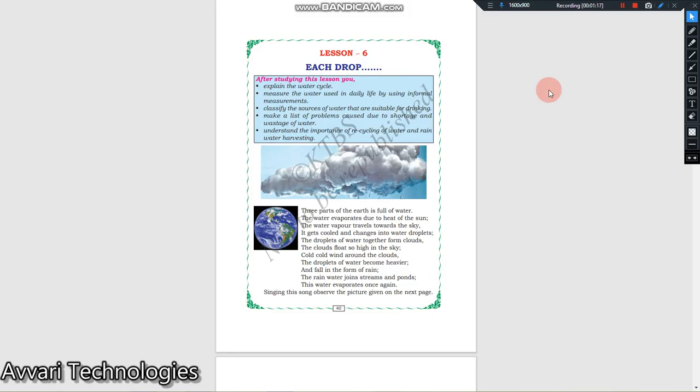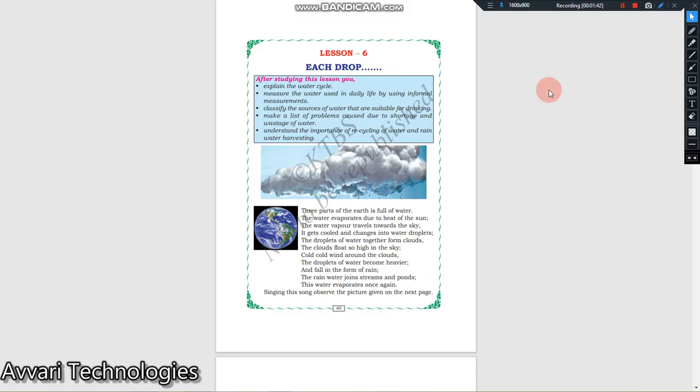The clouds float so high in the sky. Cold wind around the clouds. The droplets of water become heavier and all fall in the form of rain. The rainwater joins streams and ponds. This water evaporates once again.